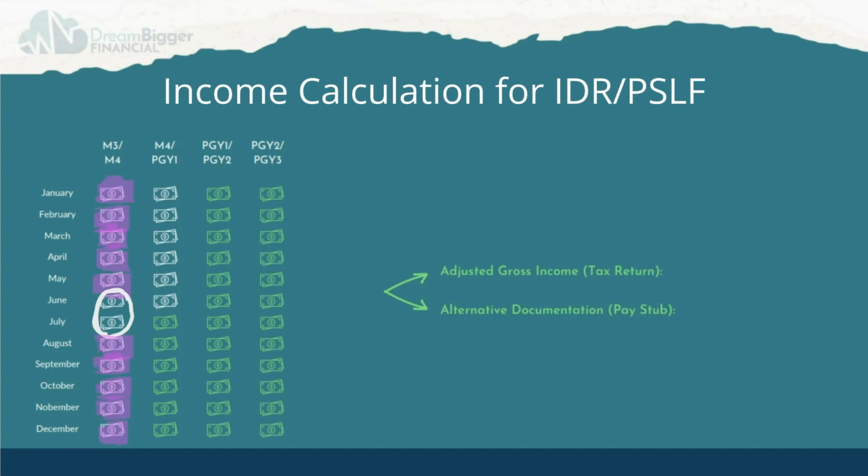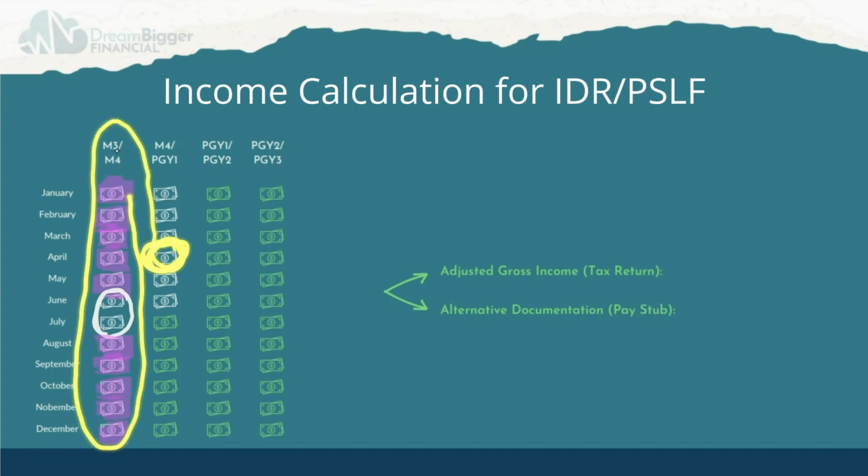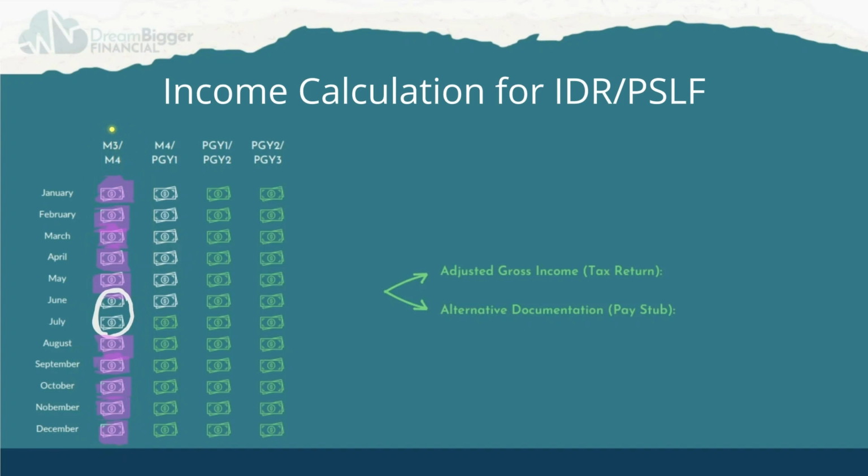So in order to understand adjusted gross income, we have to understand how taxes work. Every April, we file a tax return for the income that we earned in the year prior. For most of us, because we are in medical school, we are not earning income. Occasionally, we may have a partner that we're married to, and they have income, and that has to be taken into consideration for our monthly payment calculation.